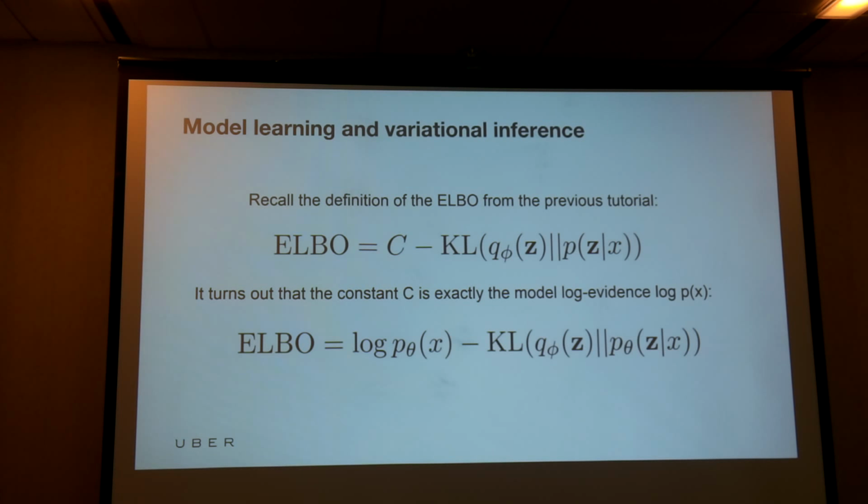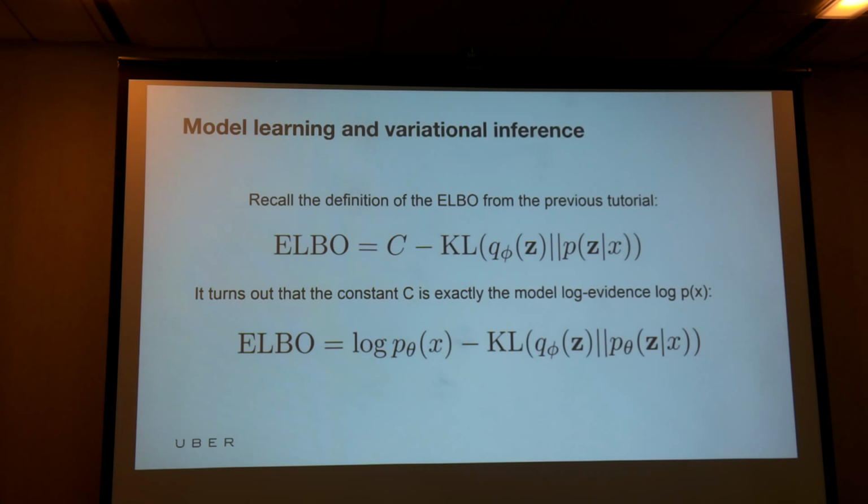Right. So, let's revisit the definition of the ELBO, or the identity that I showed you in the previous tutorial. Remember, the ELBO was equal to this constant that didn't depend on the guide, minus the KL divergence between the guide and the true posterior, which is what we were originally interested in that context.